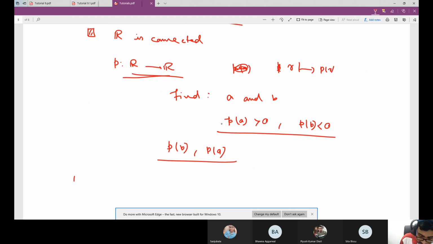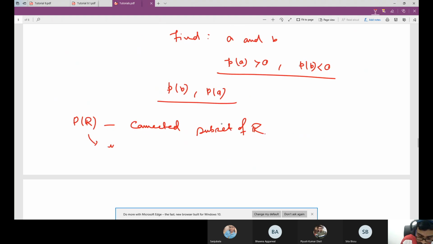now see, P(R) is a connected subset of R, and therefore P(R) is an interval. This implies P(R) is an interval which contains P(B) and P(A).